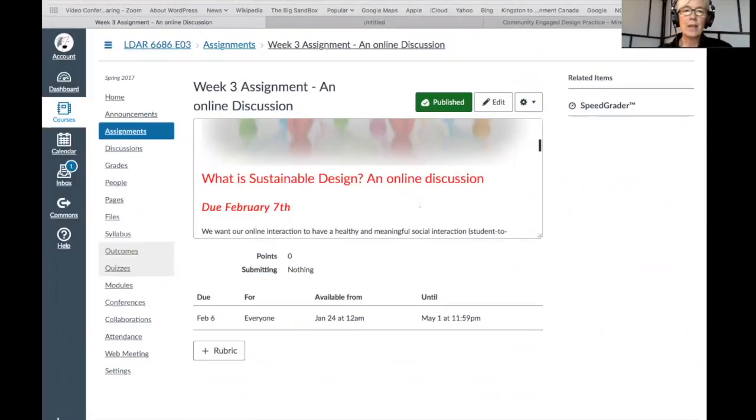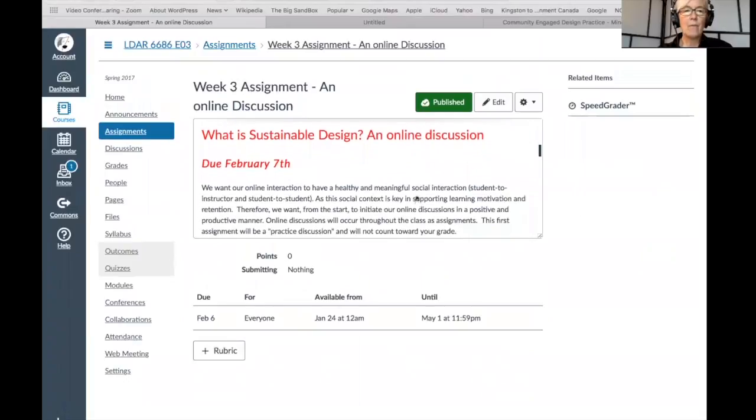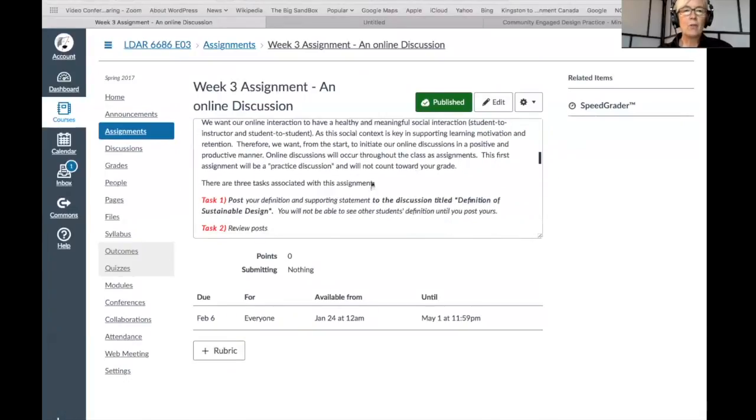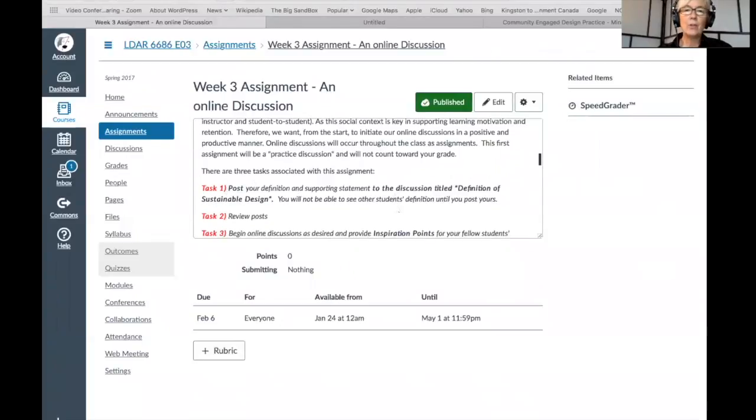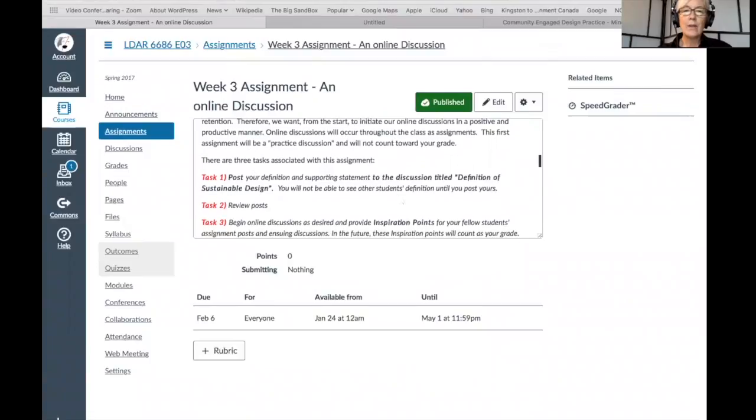Everybody will have posted their definitions and their statements defending their definitions. For this exercise, you're going to post your definition and your statements on a discussion item.